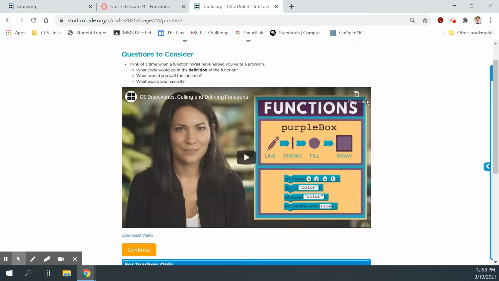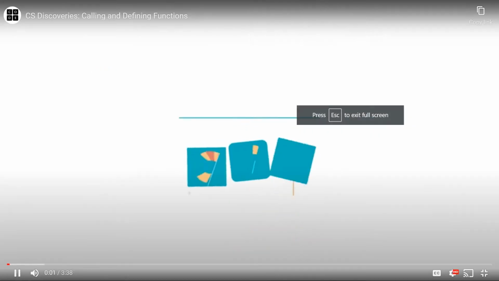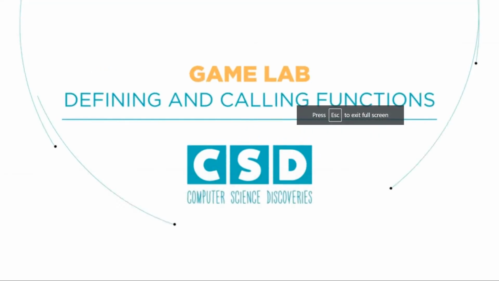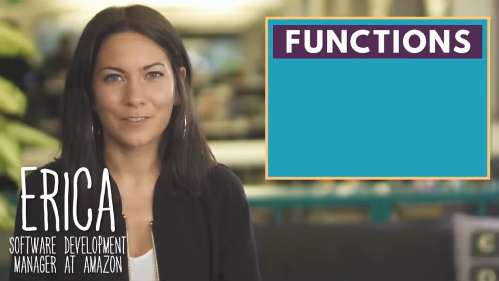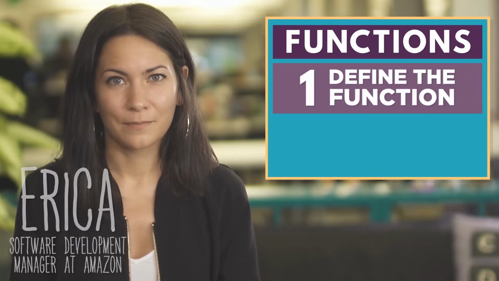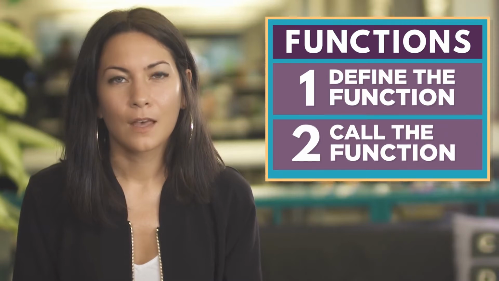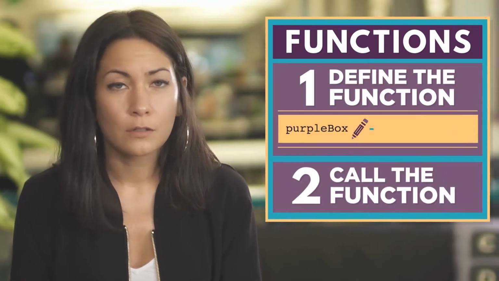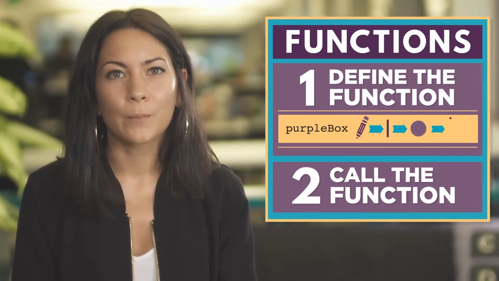On bubble 2, we've got a video to watch, so join in. There are 2 steps to using functions in JavaScript. First, we need to define our function, and then we need to call it. When you define a new function, you're simply giving a name to a defined set of actions you want the computer to perform.